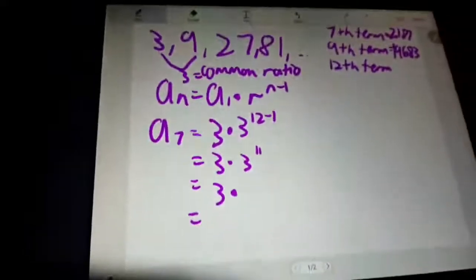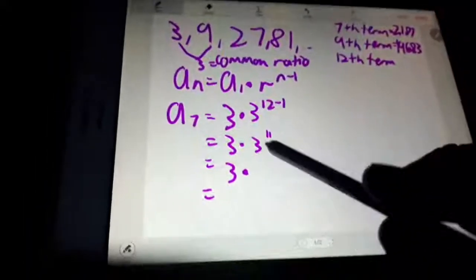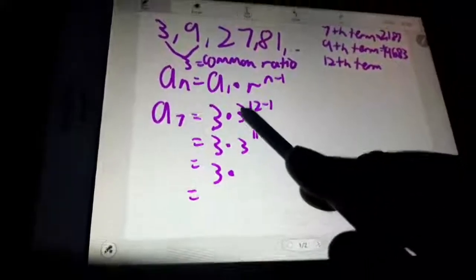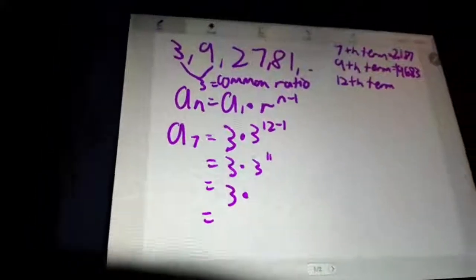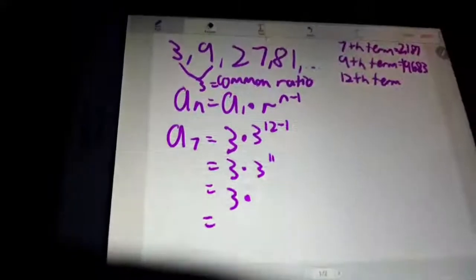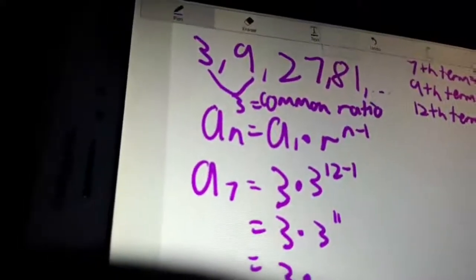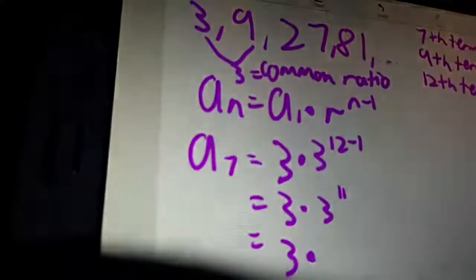So, last one is the 12th term. So, 3 times 3 raised to 12 minus 1. So, 3 times 3 is raised to 11.